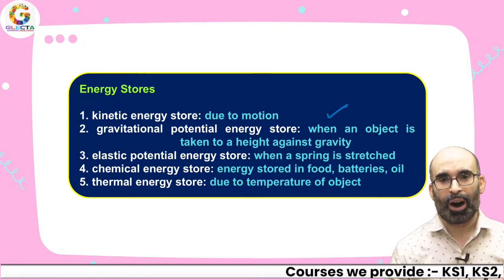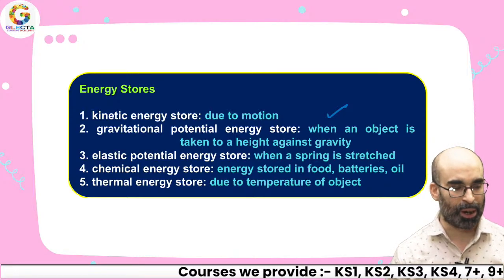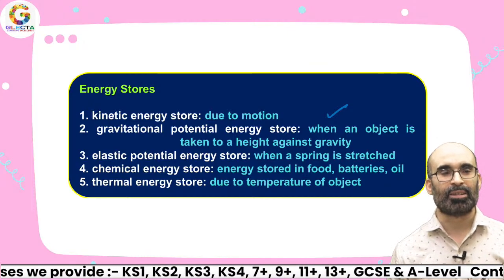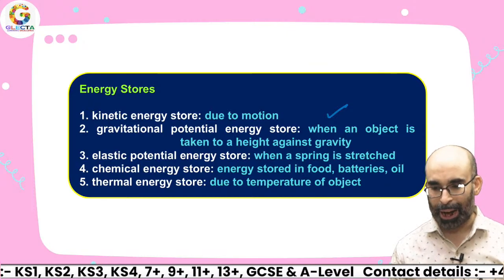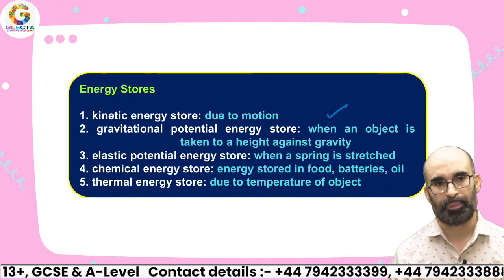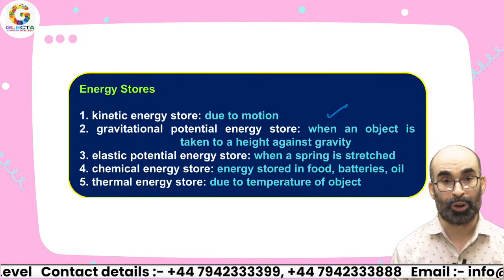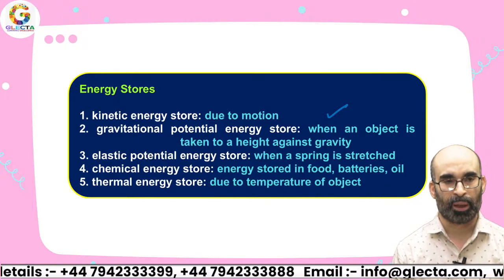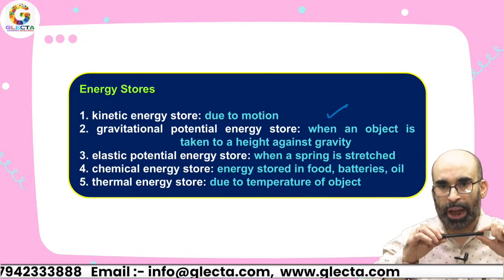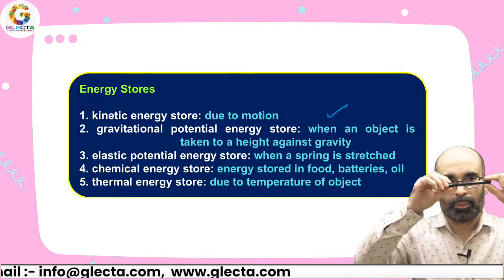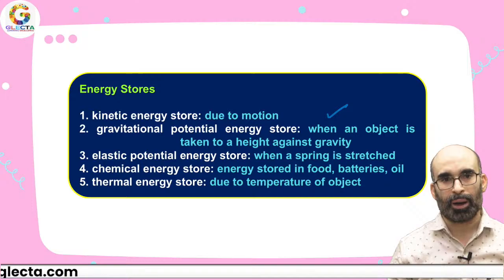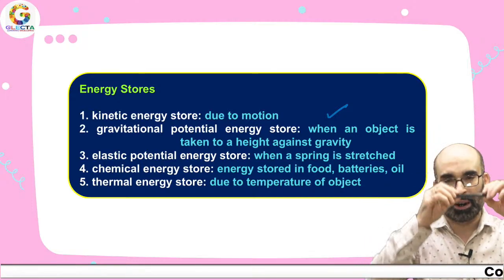All right, so I was talking about energy stores. Kinetic energy we talked about. Now we have gravitational potential energy. What is that gravitational potential energy? So I want your attention. If I want to take this pen up above the ground, right? You know what is going to happen when I take this pen upward?